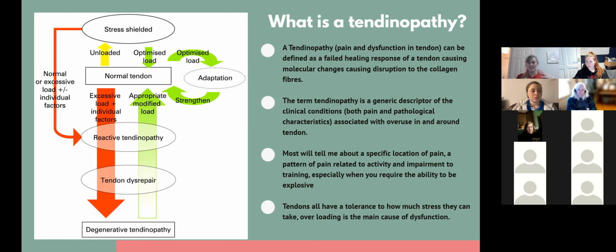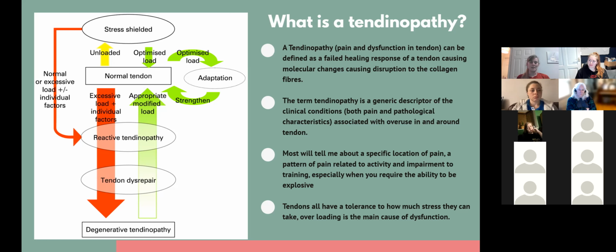As I said, tendons always have a tolerance. When they get stressed, that's when that dysfunction comes about. These are kind of repairable things if we keep it before this disrepair; degenerative is where the nastier things can happen. And again, I appreciate that when I talk, I put fear factor in.